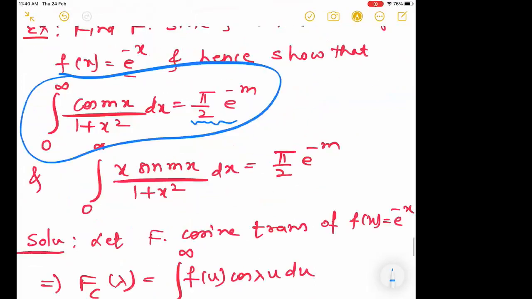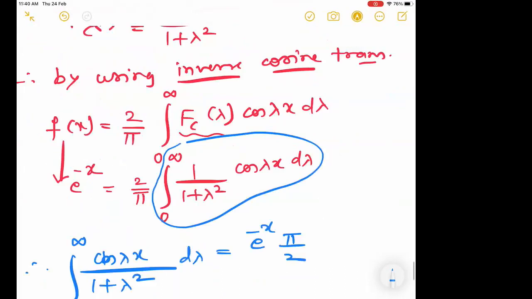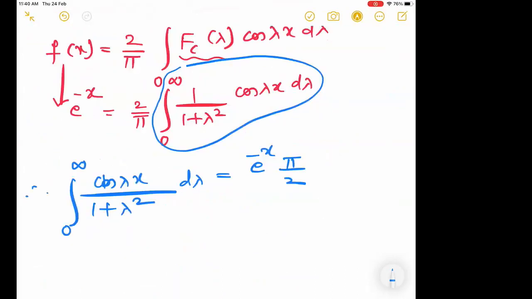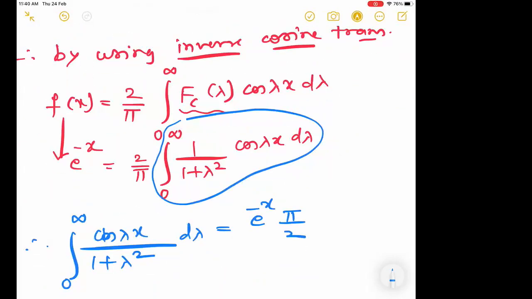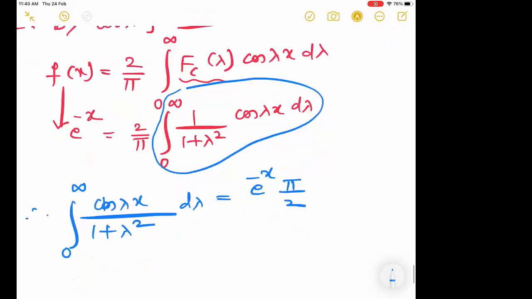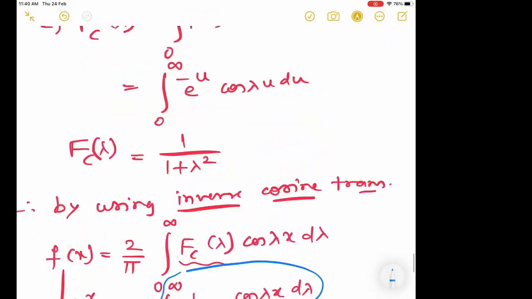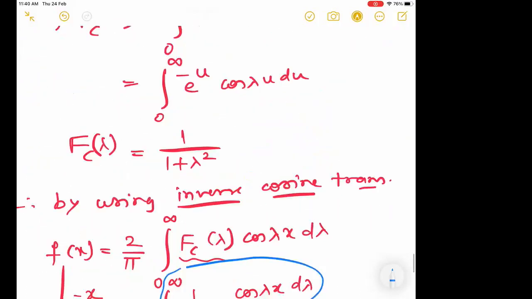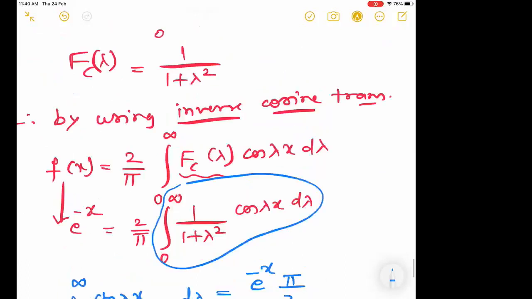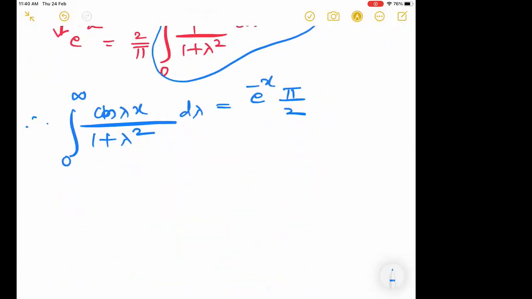Substitute pi is equal to m? Is it pi is equal to m? Let's see carefully. m is equal to lambda? No, just see. First of all, we want the answer in the form of m, no?